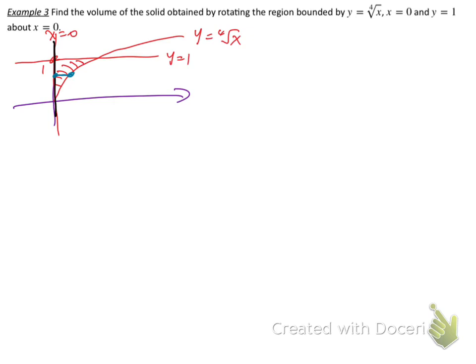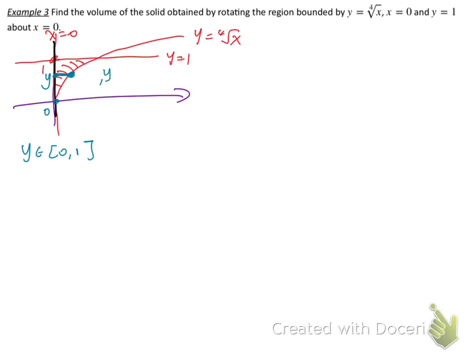And then I just need the radius. So this is my y, and since this is 0, this is 1, y is between 0 and 1, and I need this distance, which is the x coordinate of this point.